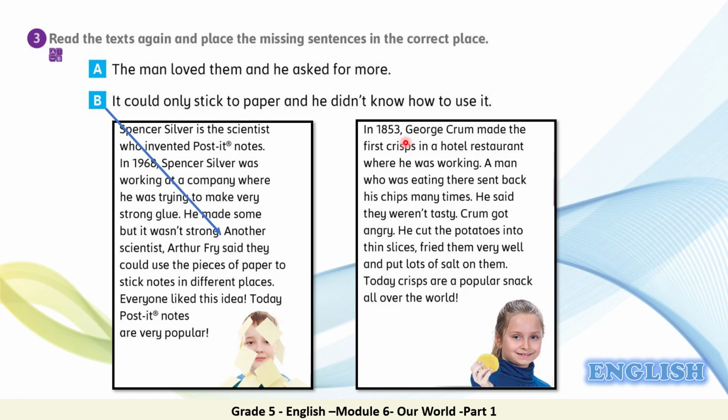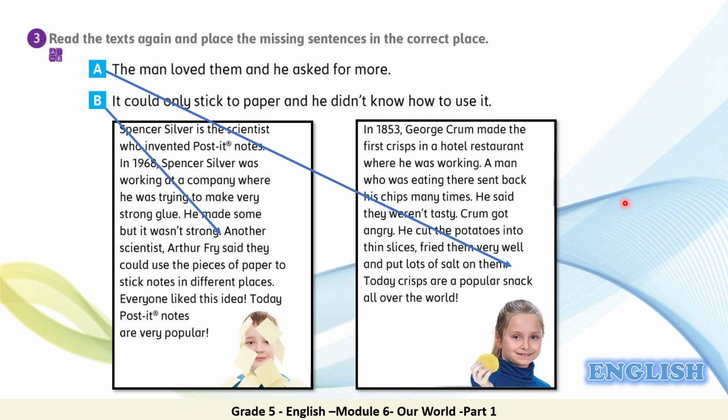And the first sentence could fit here after this sentence: He cut the potatoes into slices, fried them very well, and put lots of salt on them. Then the man loved them and asked for more. These are the correct places for the missing sentences. Okay, this was a quick task, my friends.